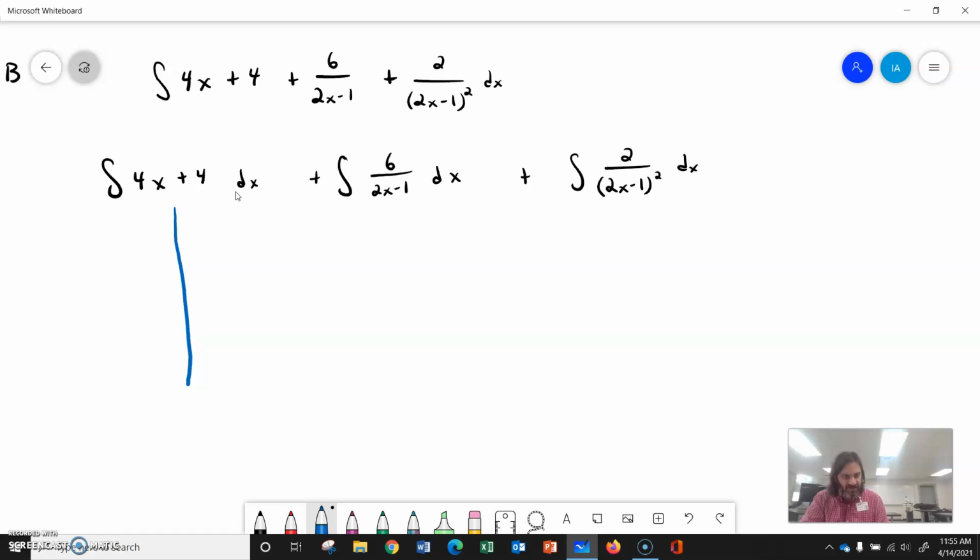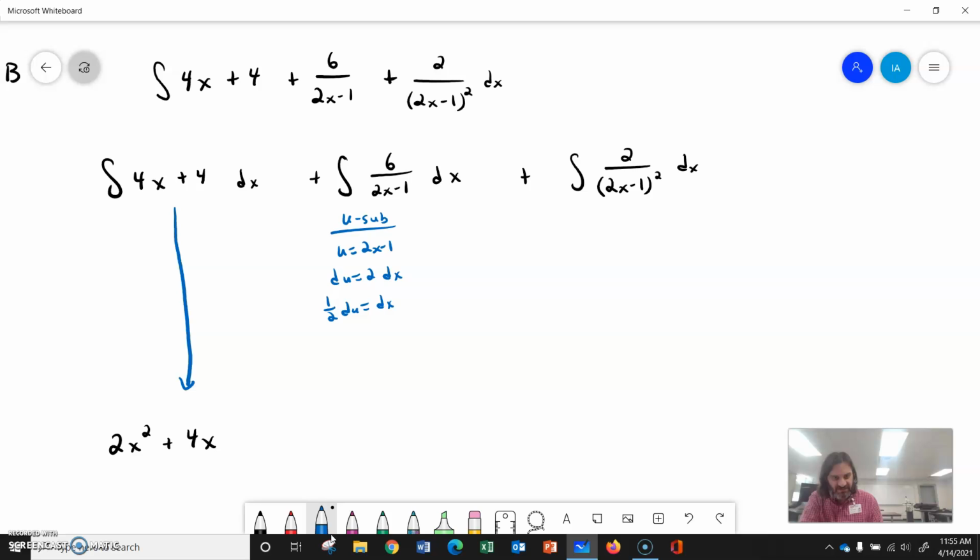So 4x plus 4, that integrates to be 2x squared plus 4x. As I said, this 6 over 2x minus 1, that'll be a u sub. I usually write them out if they're not perfect. So u equals 2x minus 1, du equals 2 dx, so 1/2 du equals dx.